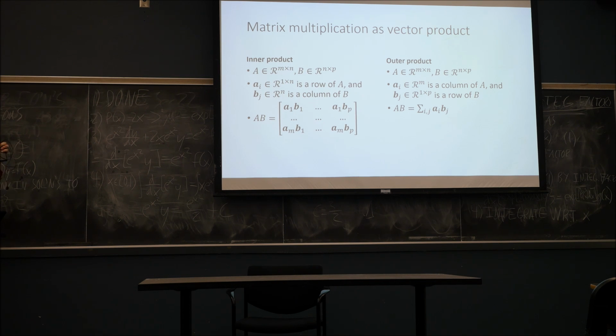It's an m times 1 vector times a 1 times p vector, so it should be m times p. For each pair of column vector from A and row vector from B, you do the outer product and get a result of exactly that size. A times B is the sum of all those pairs of outer products.